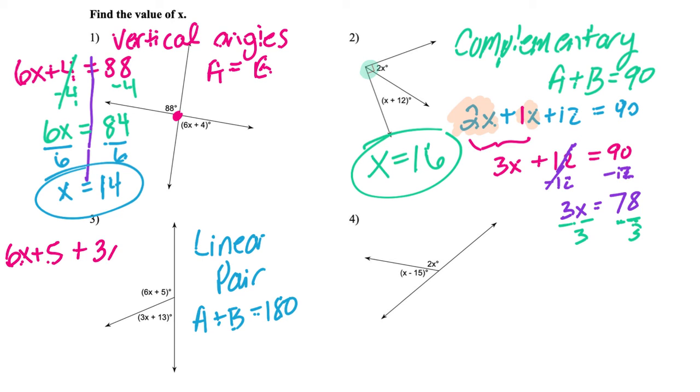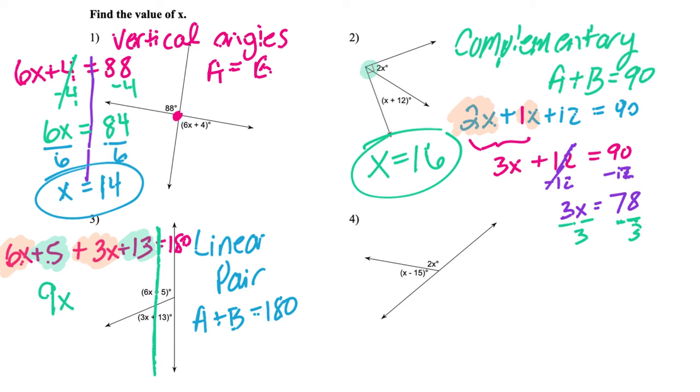And I have a few different things that I need to combine like terms for. So I'm going to combine the 6 and the 3. And then I will combine the 5 and the 13. So that will leave me with 9x plus 18 equals 180. Now I have a two-step equation.